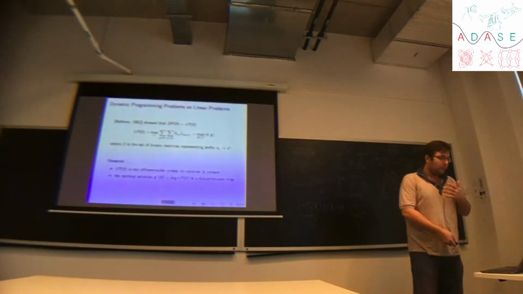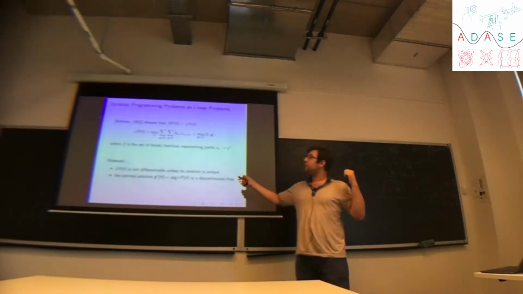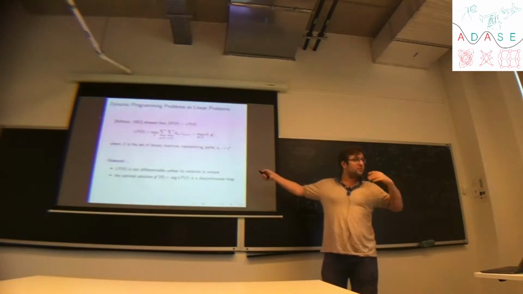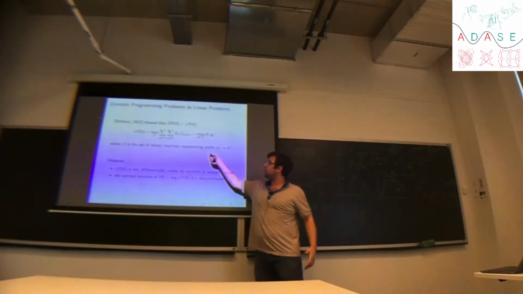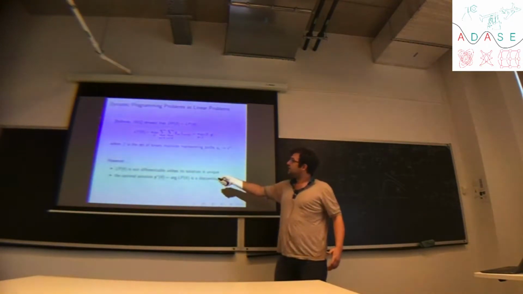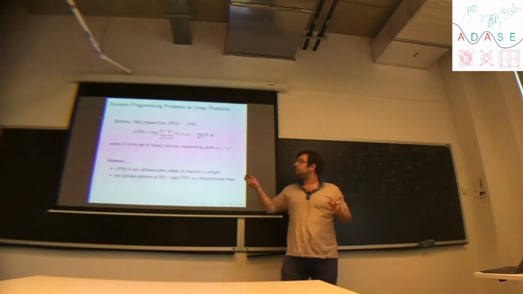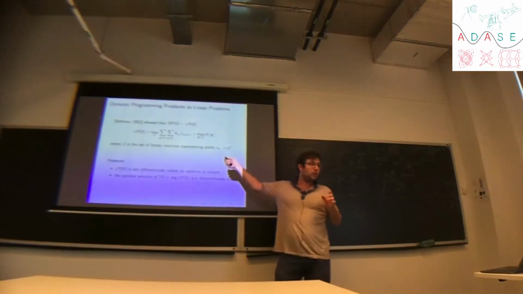The next slide will be recasting this into a linear problem. So Bellman showed that dynamic programming is equivalent to, gives the solution to, the following linear problem, which is combinatorial, because here Y is the set of all binary matrices describing paths from the source to the sink. What is theta? Theta is the parameter of the problem.